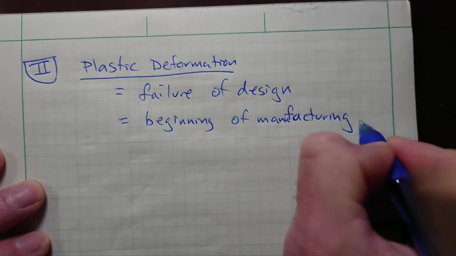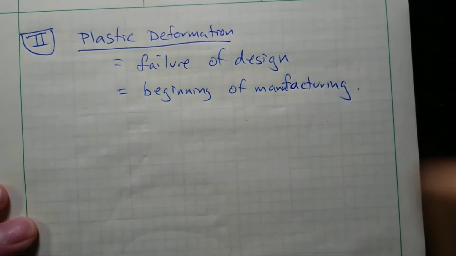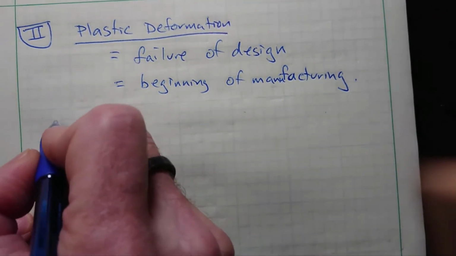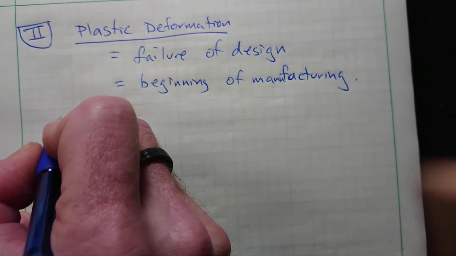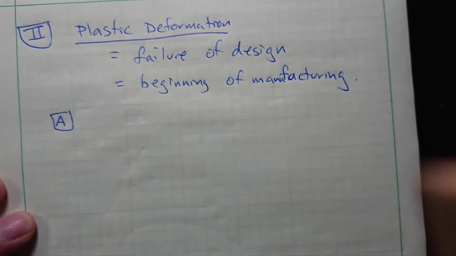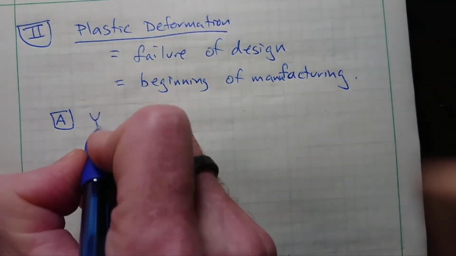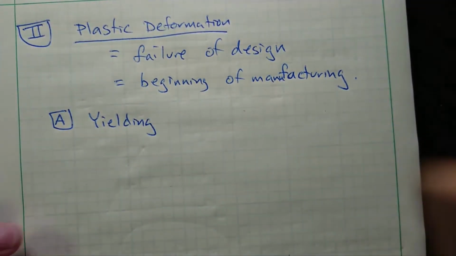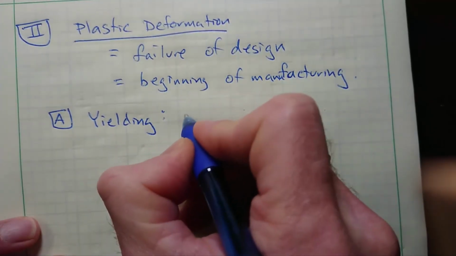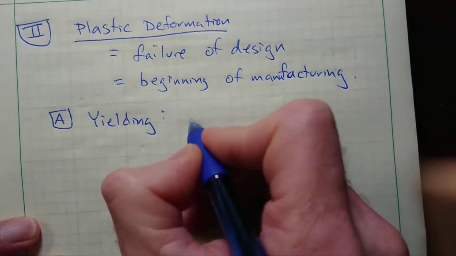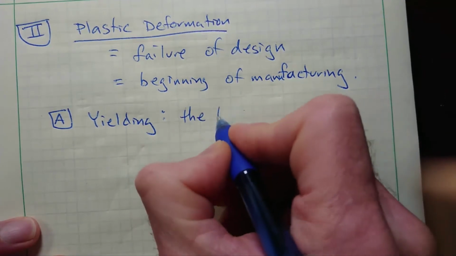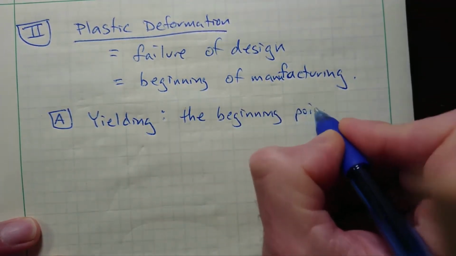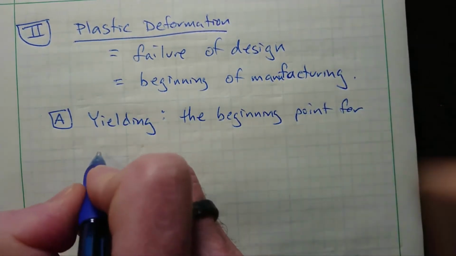And so let's talk about the different aspects of this. First is yielding. And yielding is the point where permanent deformation begins. This is the beginning point for permanent deformation.